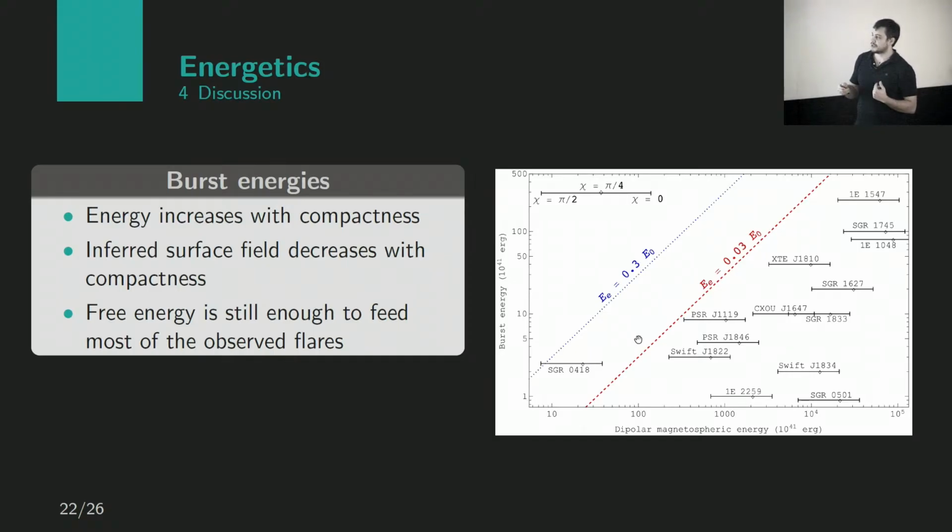If instead of the 3D models, which are more realistic, you consider the axisymmetric ones, which by definition are global, where all the magnetosphere is twisted, then again, the 30% that we had as a maximum, even taking into account all the corrections in the energy that I discussed in the previous slide, is enough to explain all of the observed X-ray activity, the bursting activity of magnetars.